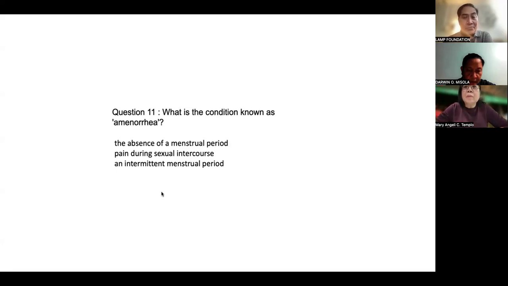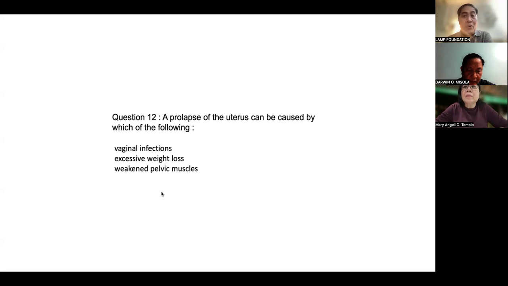The absence of menstrual period. A prolapse of the uterus can be caused by which of the following? Weakened pelvic muscles. Okay. You're done with the diagnosis in TCM. What do you call this condition? What pattern is this?